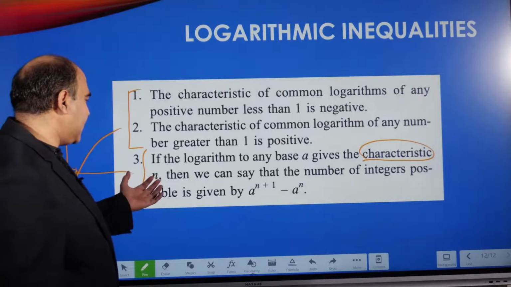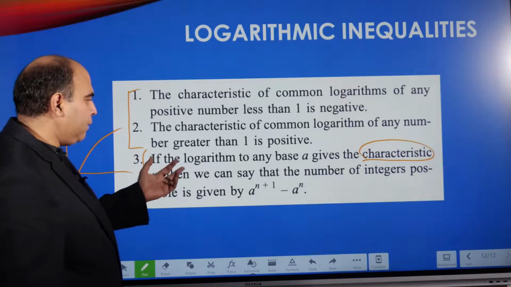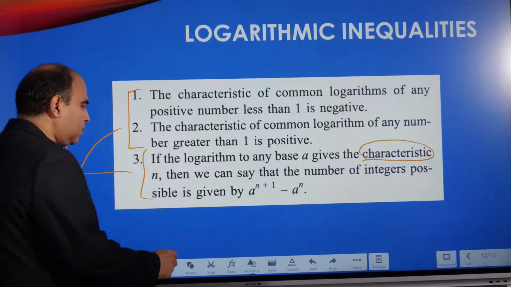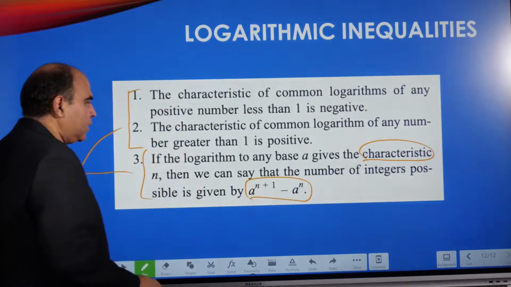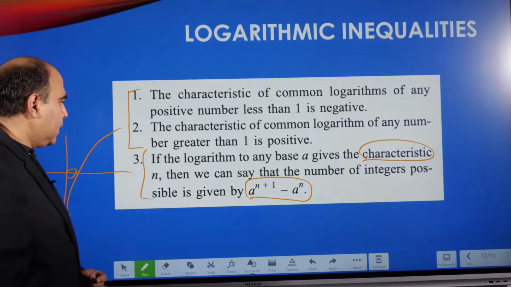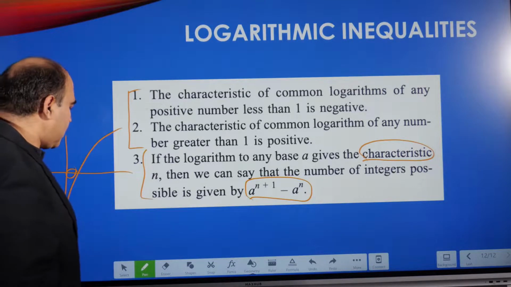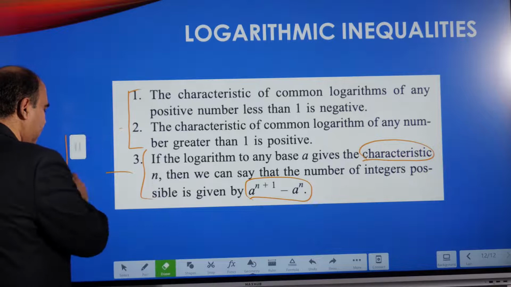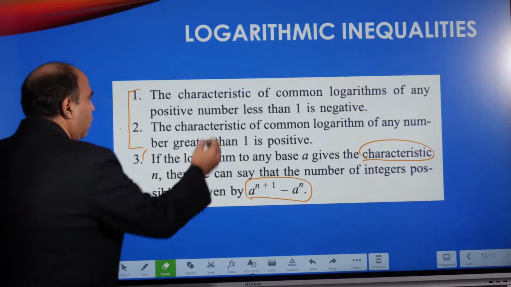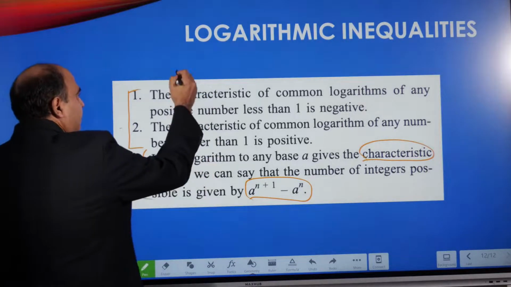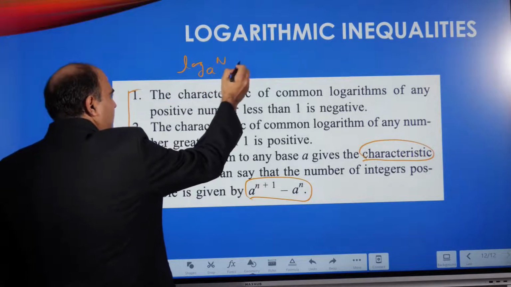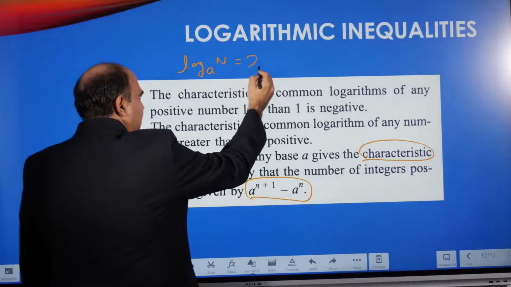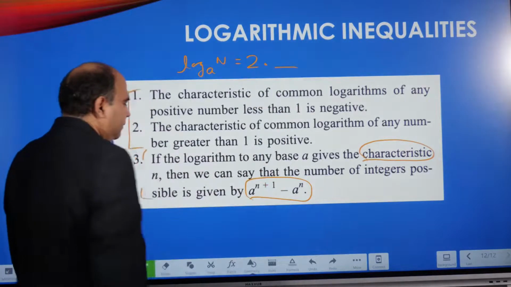So if it's giving a characteristic n, then we can say that the number of integers possible is given by a raised to n plus 1 minus a raised to n. So what does it mean? Let's say you are doing log n to the base a, and you're getting a characteristic of 2 point something.